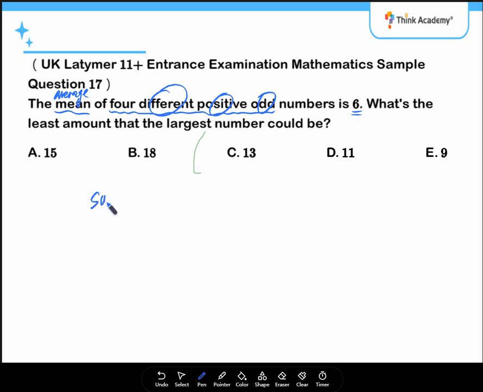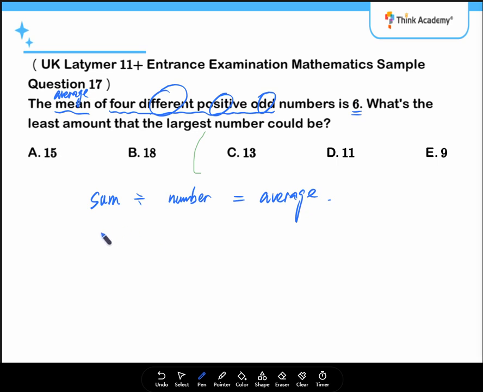Okay, so think about it. The sum divided by the number of numbers equals the average. Am I right? Okay, for example, 4 numbers, and the sum of them is, whatever the number is, 24. Then you know the average of those 4 numbers should be 6.